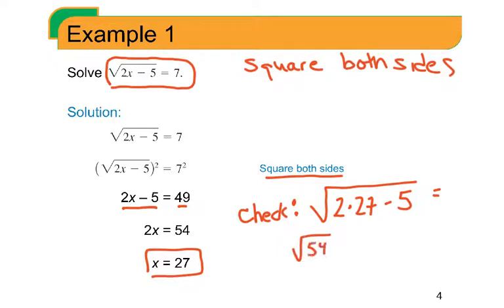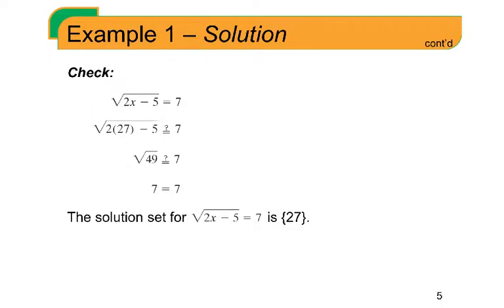Square root of 54 minus 5, that is the square root of 49. It does indeed equal 7. Since checking it resulted in a true statement, that is the solution. x equals 27.